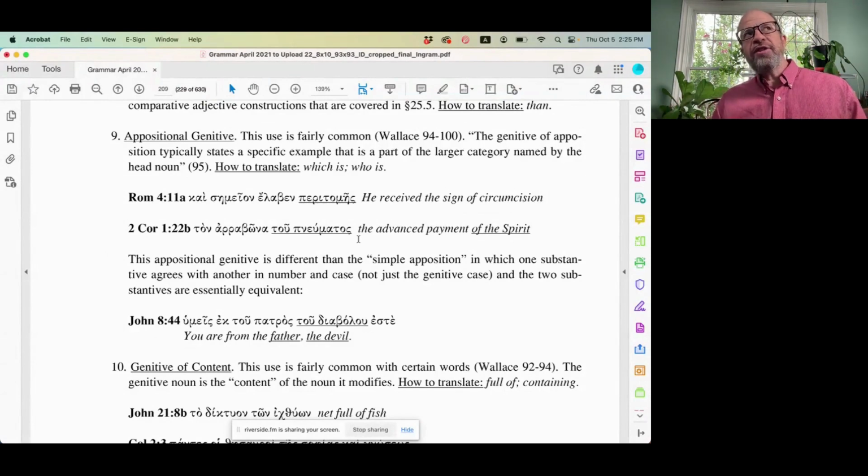But if you have a genitive noun that's modifying another case noun, the genitive of apposition typically states, quoting from Wallace here, a specific example of the part of the larger category named in the head noun. So in this case, the genitive noun that's in apposition is a smaller specific example of the broader class, which is found in the head noun.